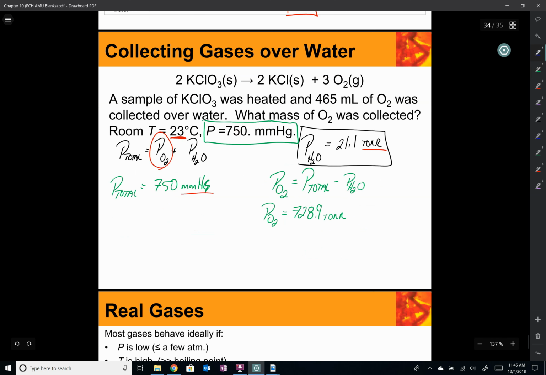Now what other information are we given? Well, we've got the pressure of O2. We've got volume: volume equals 0.465 liters.